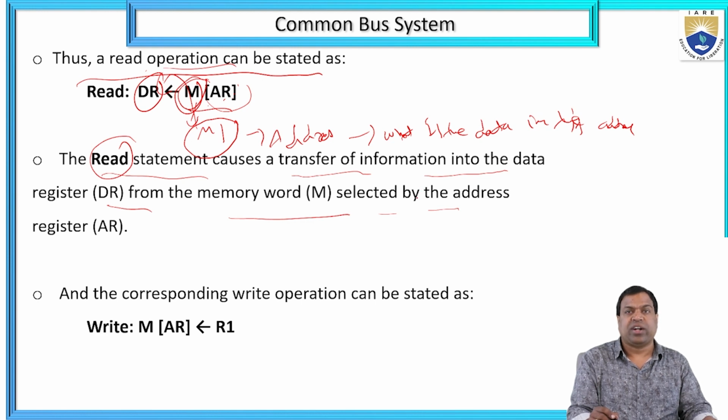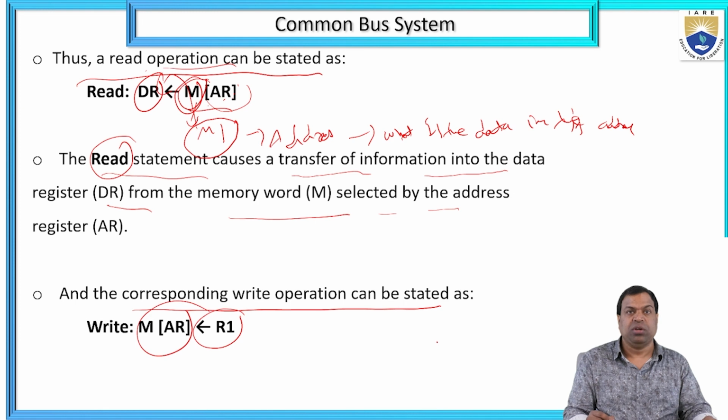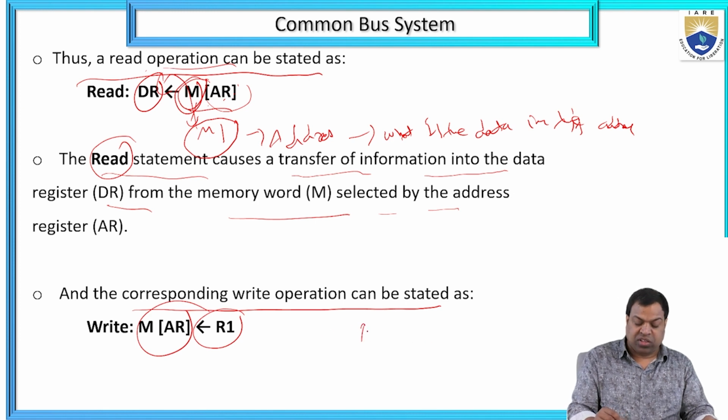And the corresponding write operation can be stated as M of AR tends to R1, that is, R1 tends to M of AR. In the R1 register I have the data, but what is the address in the particular memory?